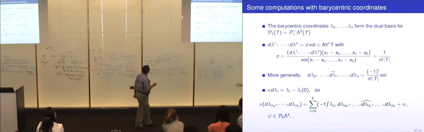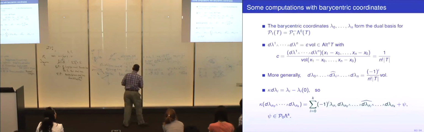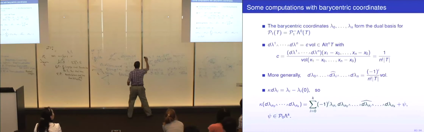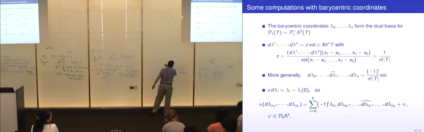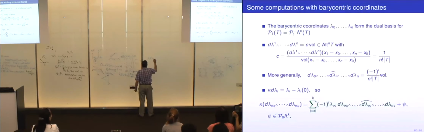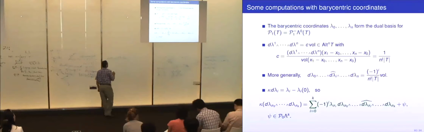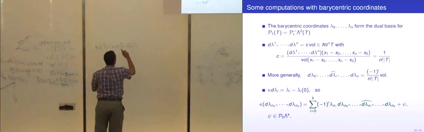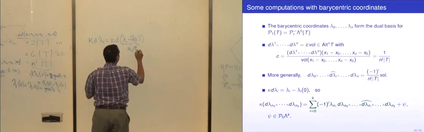Okay. One more little calculation. Kappa d of lambda I. So here, let's see if I can do this a little bit cleaner. So kappa d of lambda I, this time I think I do definitely want to subtract off the constant term. So it's the same as kappa d of this. And now I wanted to subtract off the constant term because this is a homogeneous degree 1 0 form.